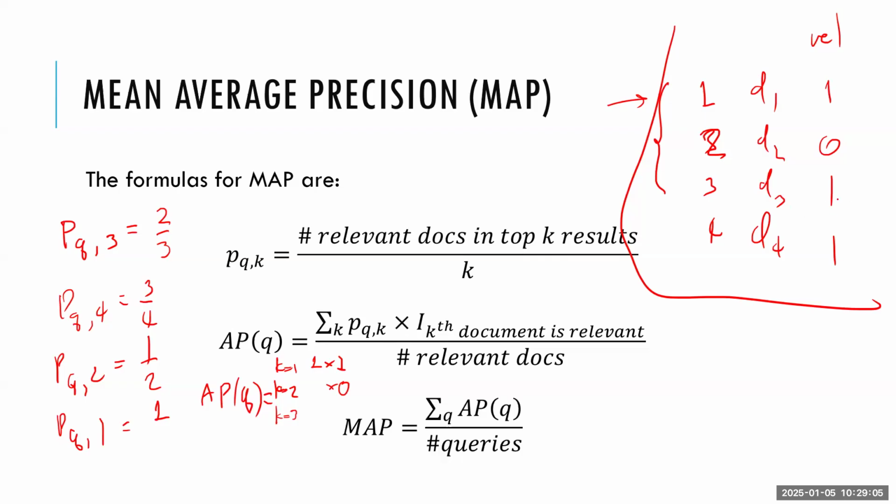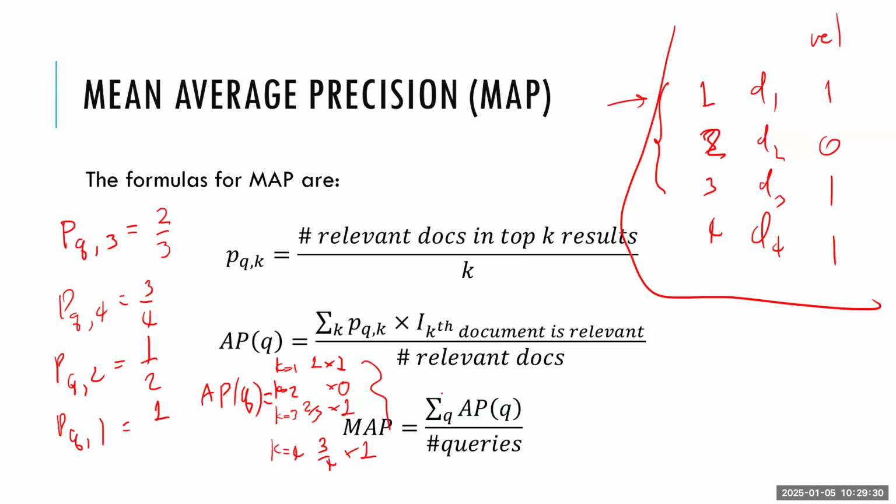At the third position, it is relevant, so you multiply by 1. And what is the precision at 3? You get 2 over 3, right? And then k equal to 4. The fourth is relevant, so you multiply by 1, and the precision at k equal to 4 is 3 over 4.